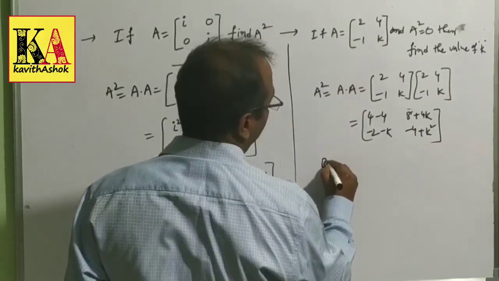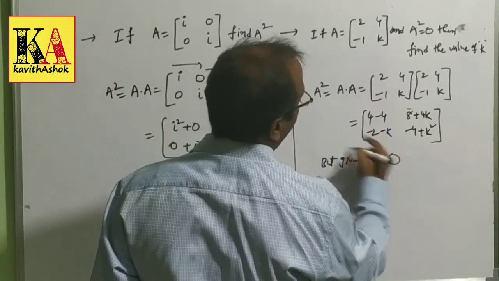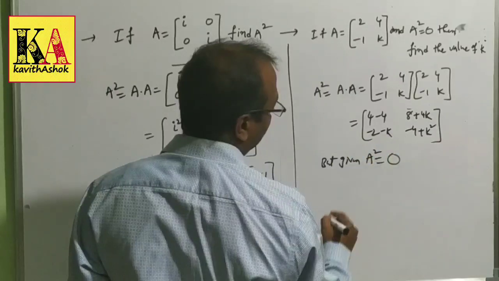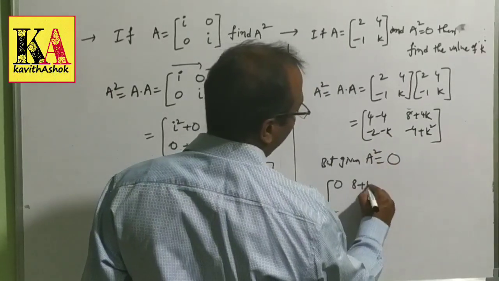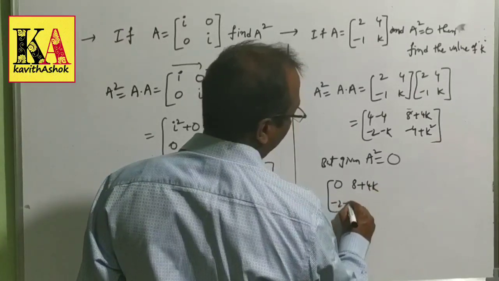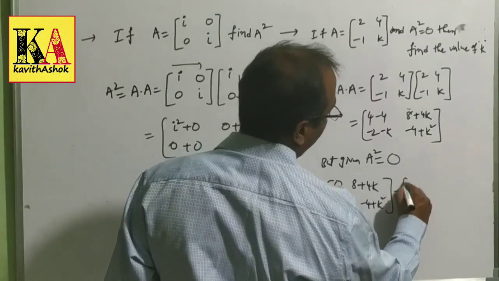But given A square is equal to 0. So whenever LHS is the same, RHS is also the same. What can we get here? 0, 8 plus 4k, minus 2 minus k and minus 4 plus k square is equal to 0.